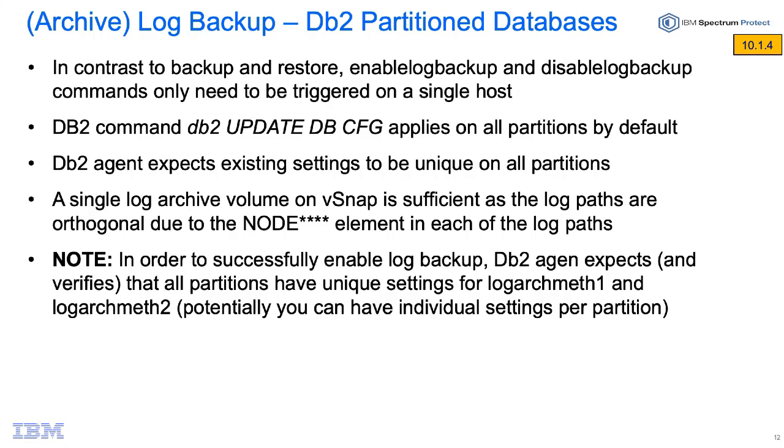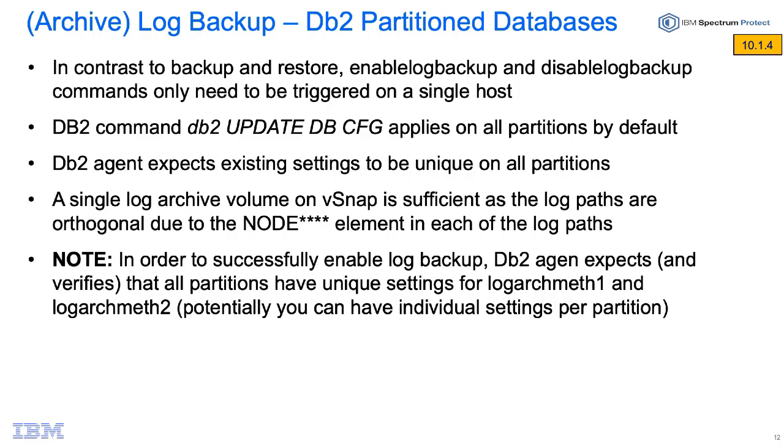And what we're going to be doing is using a single log archive volume on the vSnap, since the log paths are orthogonal to the node element of each of the partitions in each of the log paths.